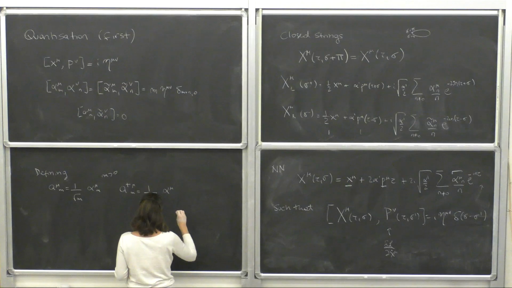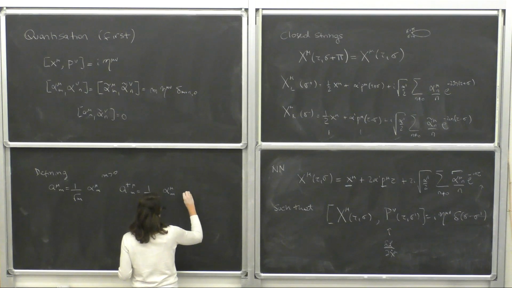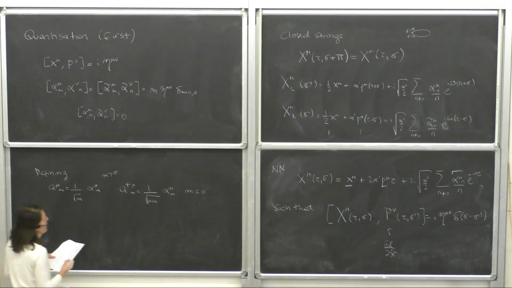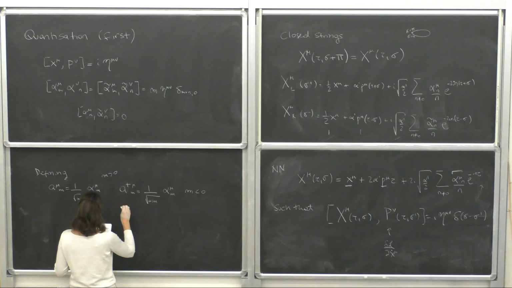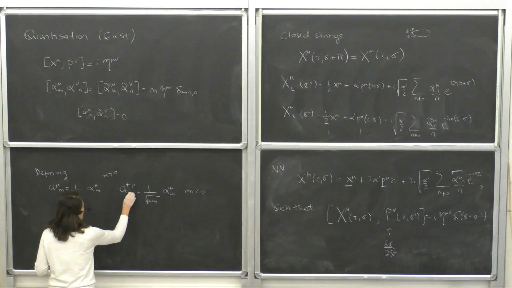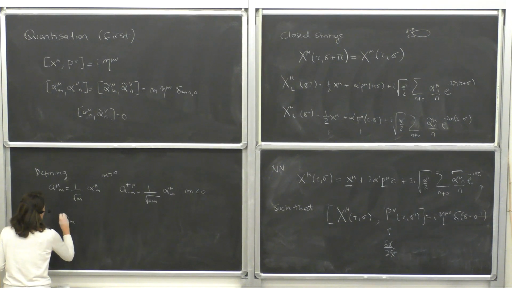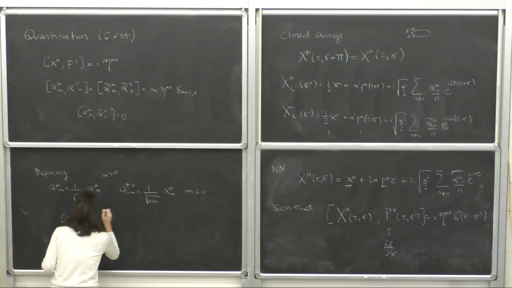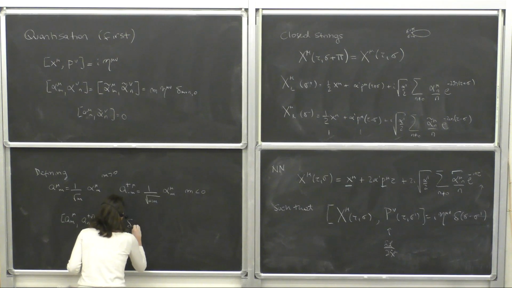Yeah, so minus m is positive. So if you do this, then what you get is that A m, A n dagger is eta mu nu delta mn.